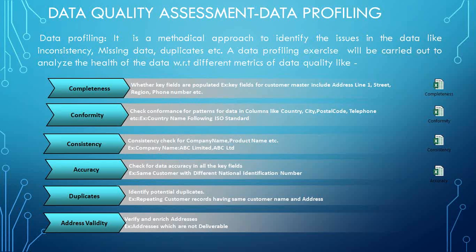Out of your address data, it will help you to understand how good your address information is, and how many addresses are reachable. So these are the main components. Actually, you have around 13 to 14 different data quality dimensions, but in general, we consider these 6 dimensions when we do data profiling for any customer.